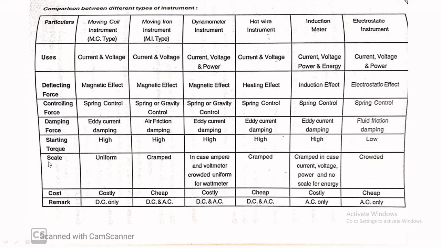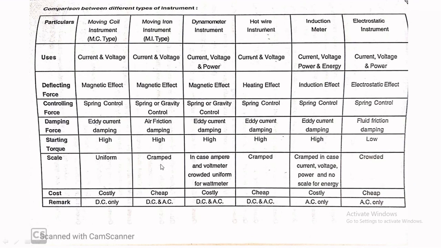The starting torque of moving coil should be high. The starting torque of moving iron, it should be high. In all cases it should be high, and only exception is the electrostatic, where the starting torque should be low. The scale of moving coil instrument is uniform.